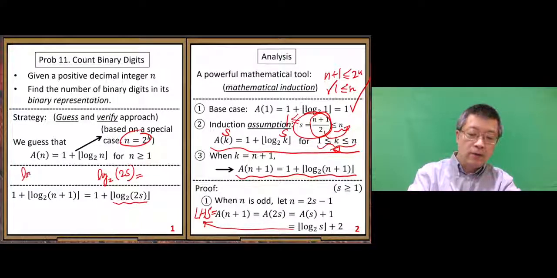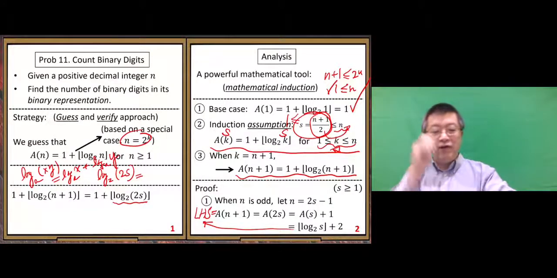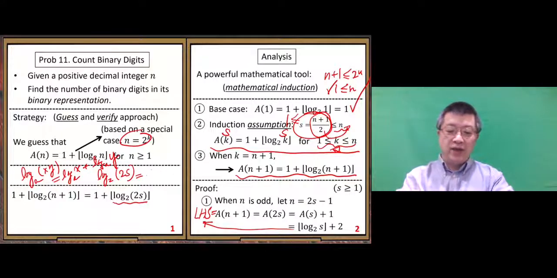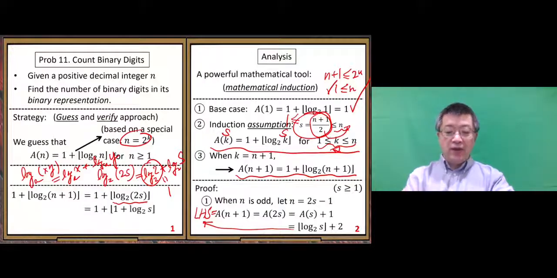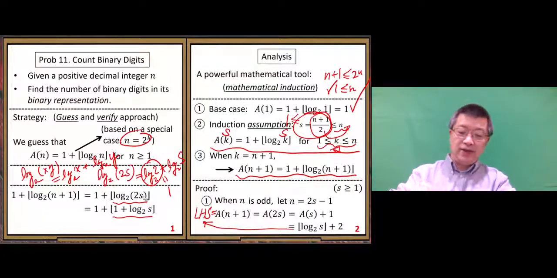Log base b of x times y equals log base b of x plus log base b of y. Do you know that formula? Here we use that. So log base 2 of 2 plus log base 2 of s. But log base 2 of 2 is 1. So 1 plus log base 2 of s. That's the formula transformation.